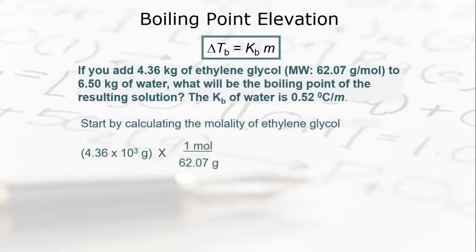They told us that in the problem here. So that means that we cancel out the units of grams. And punch the numbers into the calculator. Adjust for sig figs. And this comes up to be 70.2 moles of ethylene glycol.